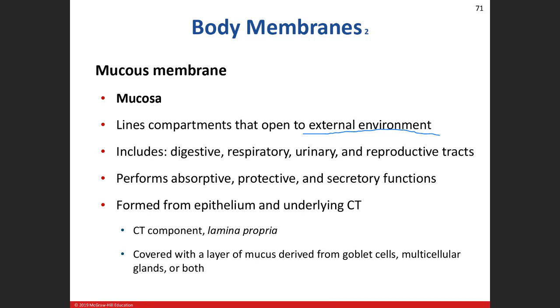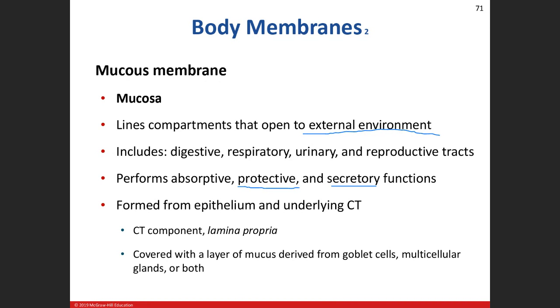We're going to have this type of membrane because of its job. It plays a big role in protection through the immune function, but also because of its secretory functions, because it's going to provide lubrication, especially if you're going to be swallowing food and whatnot. We don't want to damage our epithelium.